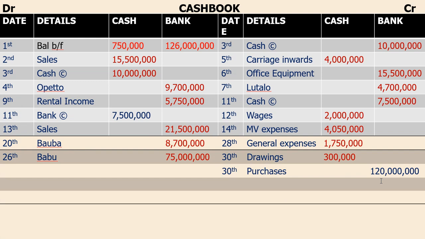Let us start with the debit side. We have 750,000 plus 15 millions, 500,000, then plus 10 millions, plus 7, 5.